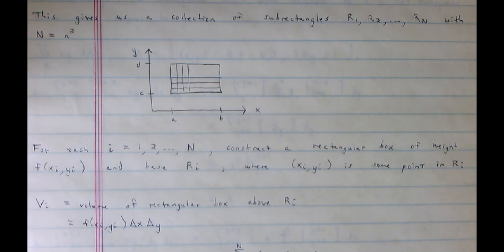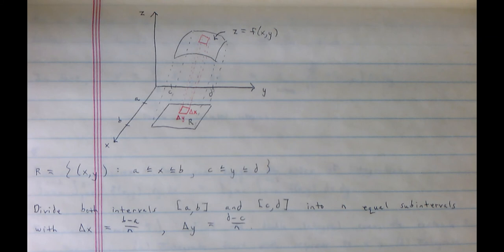For each of these subrectangles, we're going to construct a rectangular box of height f of x sub i, y sub i, and base R sub i, where (x sub i, y sub i) is some point in the subrectangle. So you can think of this ordered pair as our sample point in the subrectangle. If we go back to the picture, you can see what this looks like.